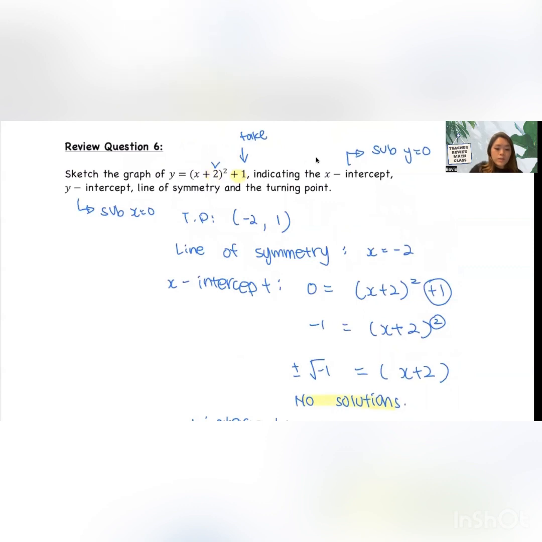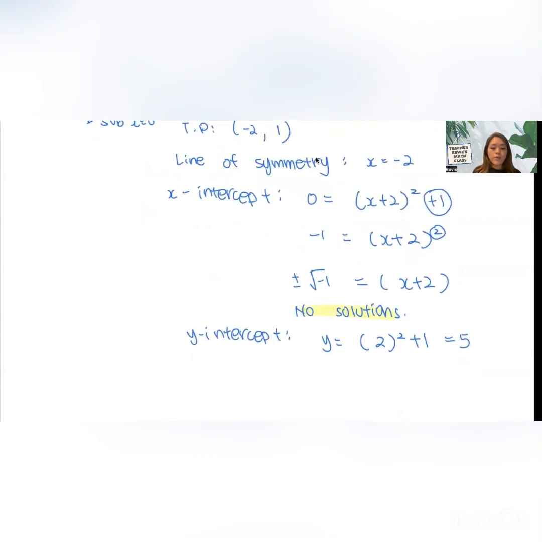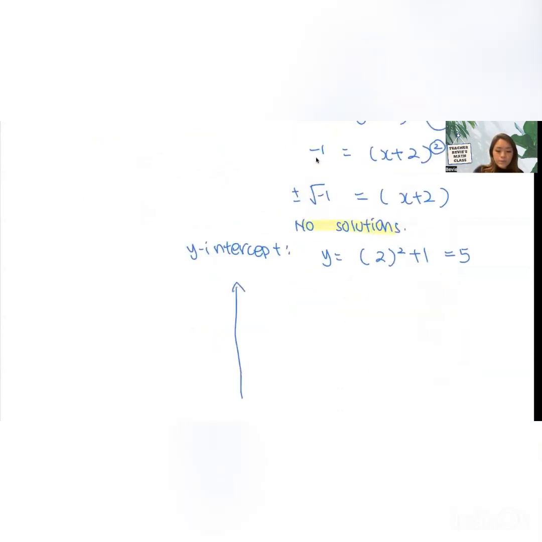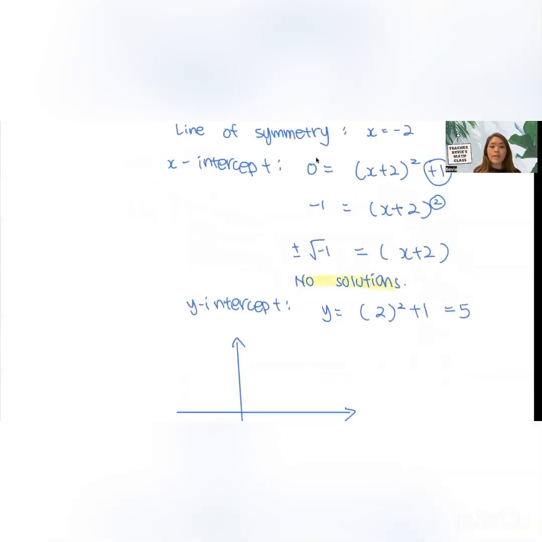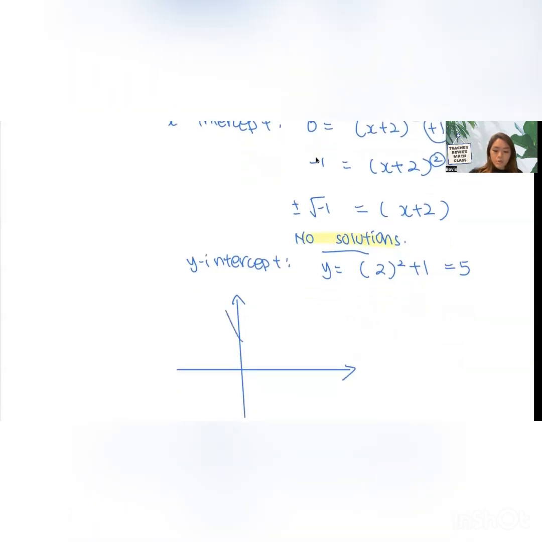For this equation, my x squared is actually a +1. Therefore, I know that this is a positive graph with a U shape. It will lie entirely above the x-axis because there are no solutions. And my value of y-intercept is +5.